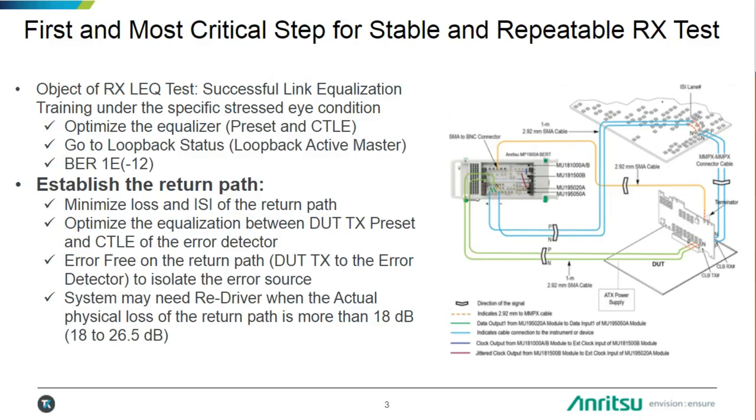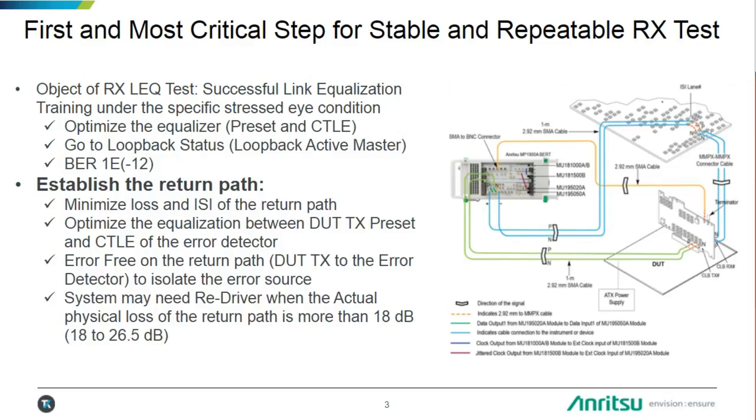As David said, for an add-in card this should be fine because of the error detector sensitivity. But when you make a root complex test, a host system test, and the return path of the DUT has high loss, you may need redrivers.